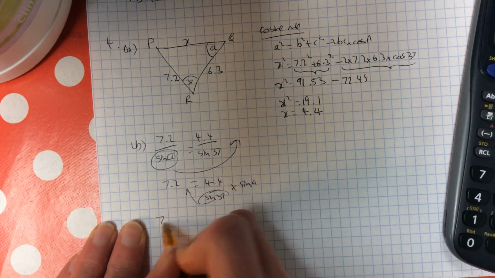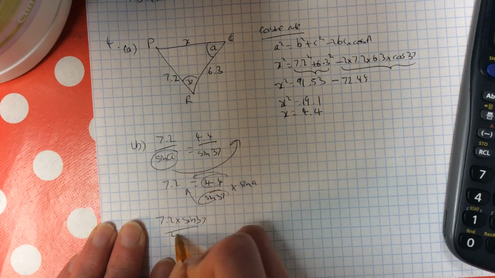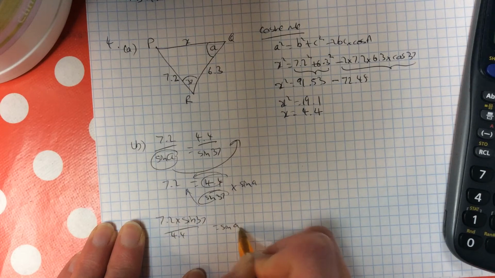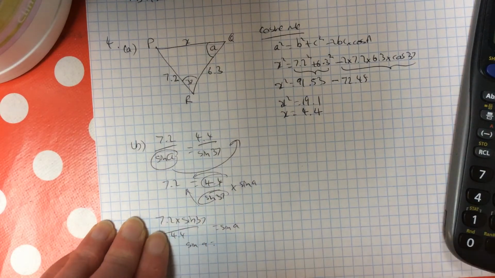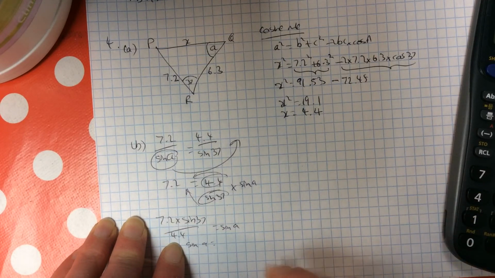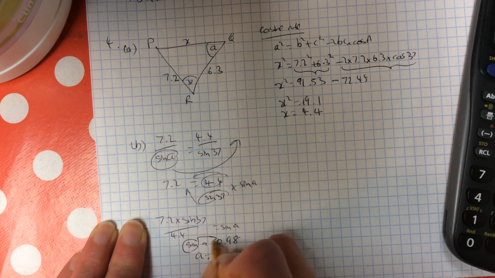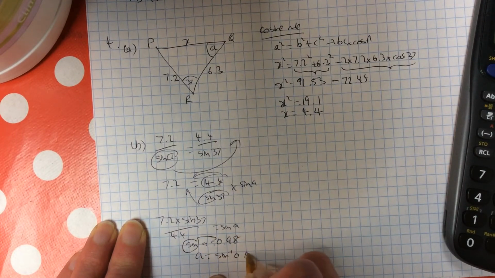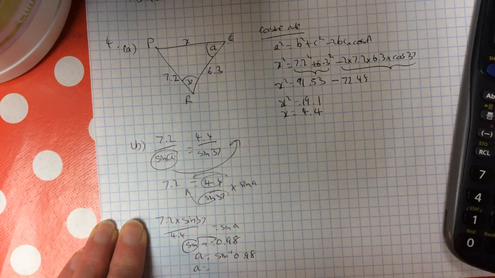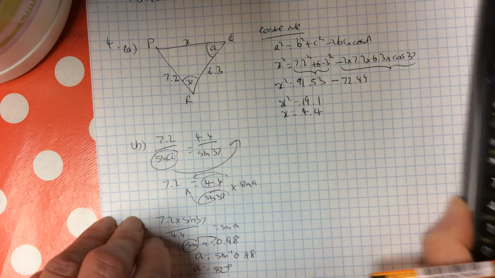So this comes up to be multiplication. This comes over to be a division. And just stick that all in your calculator. 7.2 times sine 37. Either close the brackets or press equals and divide by 4.4 to get you 0.98. So you're getting rid of the sine, so it's inverse. So inverse sine answer gives you 80 degrees.